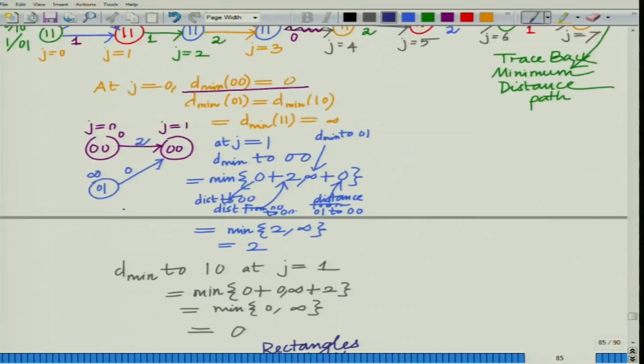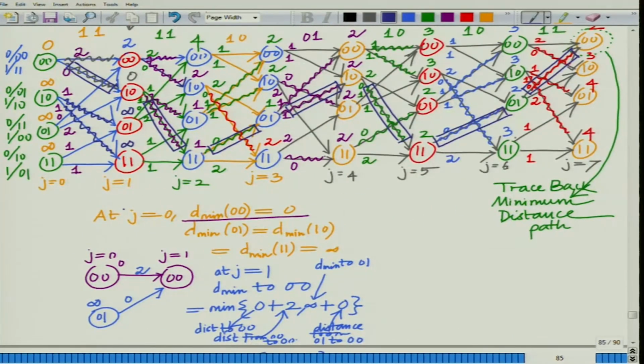You can just look at it. For instance, corresponding to this branch, this is the bottom branch, so 1 1. Next is the bottom branch of 1 0, so that will be 1 0. Next is the top branch of 1 1, that is basically 1 0, and so on.